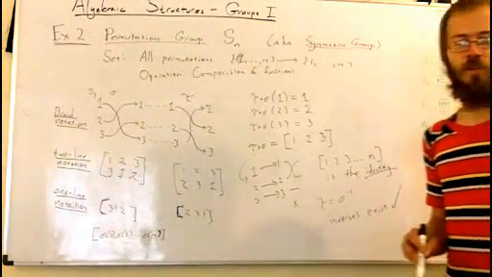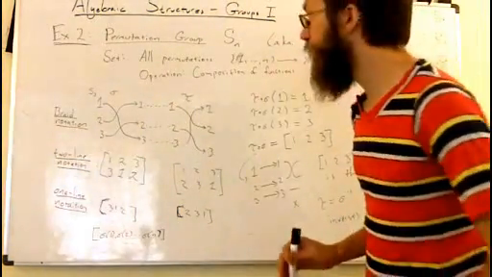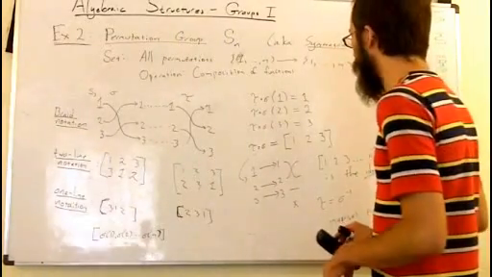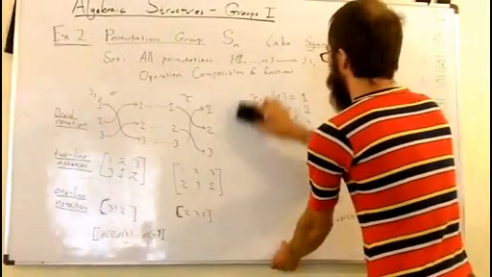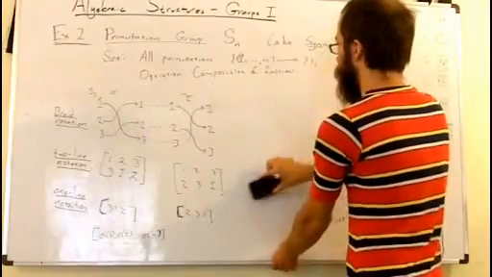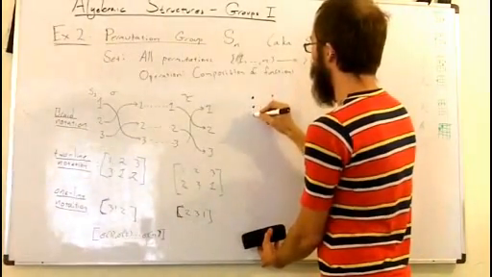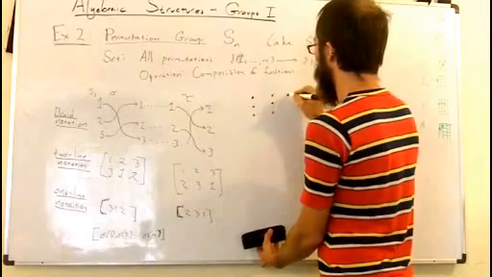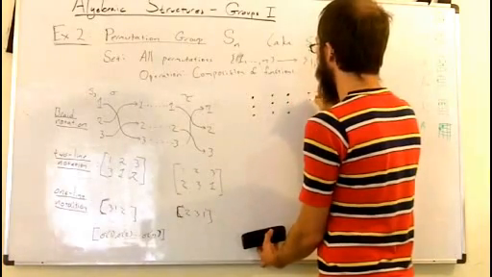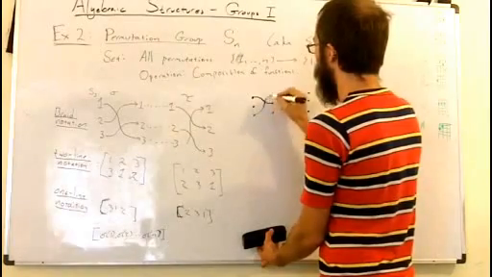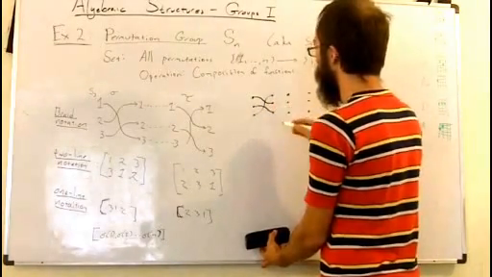Finally, we need to show that this is associative. There are a few different ways to do it, and my favorite way to see this, I'll sort of show by example. For associativity, I really need a product of 3 things, right? So let's suppose we have some permutation like this.